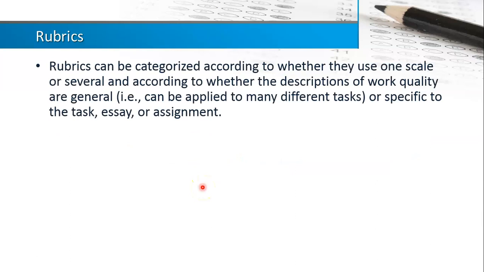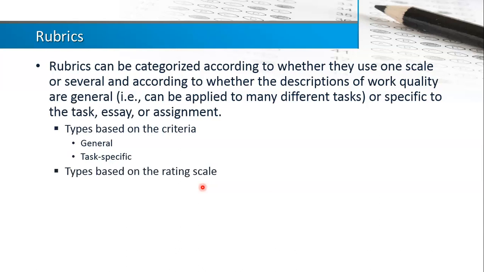So rubric can be categorized according to how we score it. Okay, how we score our students. Is it combined category or single category and so on? Or what kind of marks the score is representing? Is it something specific to the content or something in general? So if the type is based on the criteria, we look at whether it is general or task specific. Then we can look at the rating scale.